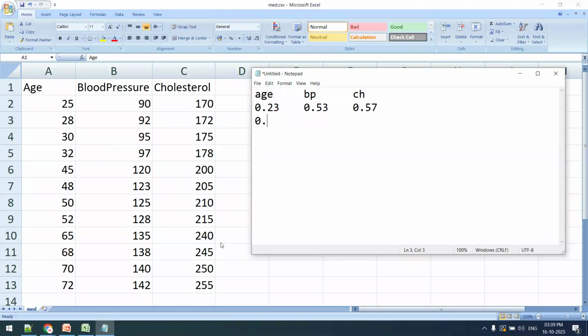Say 28, just randomly I am writing, will be converted by standard scaling to the same range. For example, if we give a range of 0 to 1, all values in a particular column will be converted to between 0 and 1. BP values will be converted in the same range, and cholesterol values will all be available in the same range. In this way, no parameter, no attribute will be able to dominate the prediction.